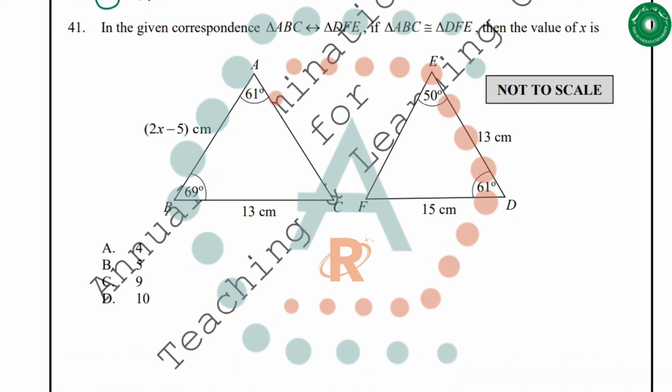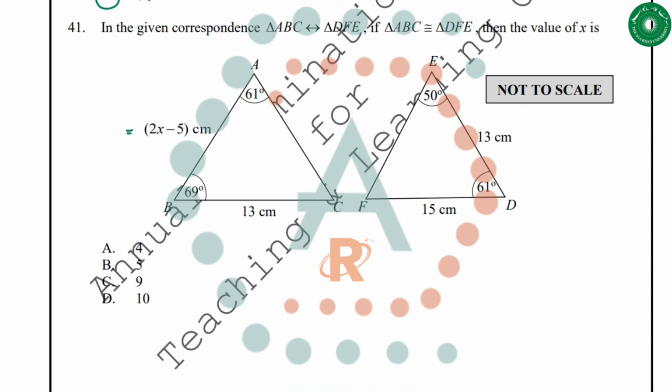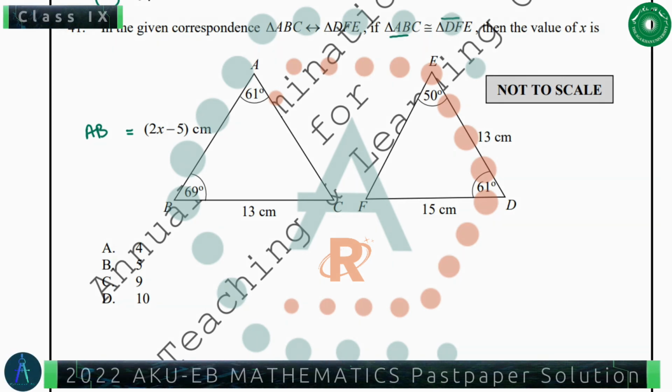Question number 41. In the given correspondence, triangle ABC is congruent to DEF. We have to find the value of x. As we can see, 2x minus 5 is equal to AB. From the correspondence, AB and DF will be equal to each other.